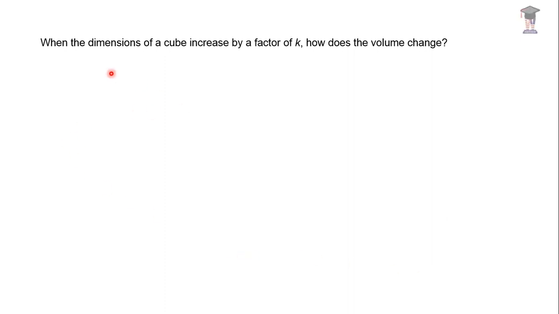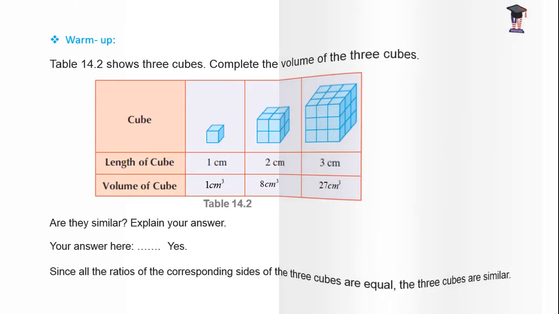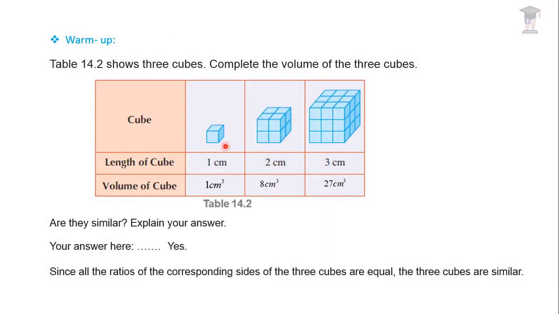When the dimensions, you know dimension, right? When the 3 sides of a cube increase by a factor of k, how does the volume change? Like the cubes given before, is it 1 centimeter side? Is it 2? 2 is just 2 times the first side here.